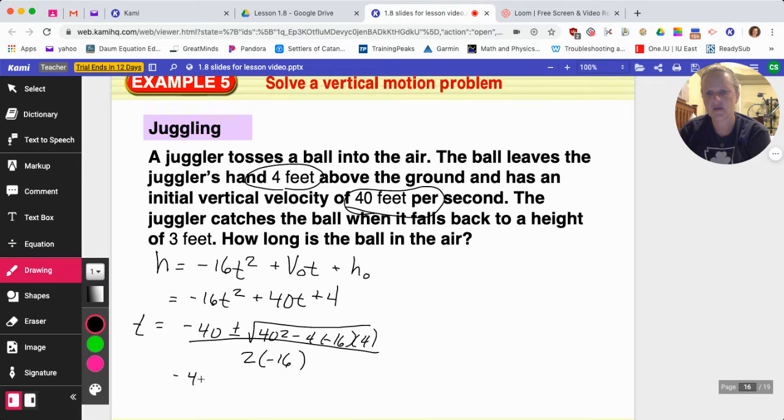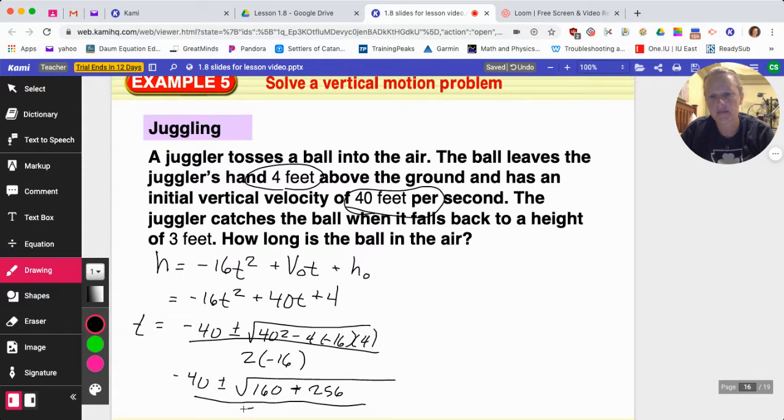So negative 40 plus or minus square root, 40 squared is 160, plus 4 times 16 times 4, 256, all over negative 32.